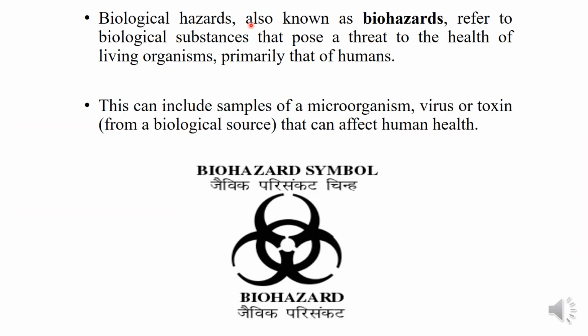So a biological hazard is defined as a hazard that refers to biological substances that pose a threat to the health of living organisms, primarily that of humans. This can include samples of microorganisms, virus, or toxin from a biological source that can affect human health.